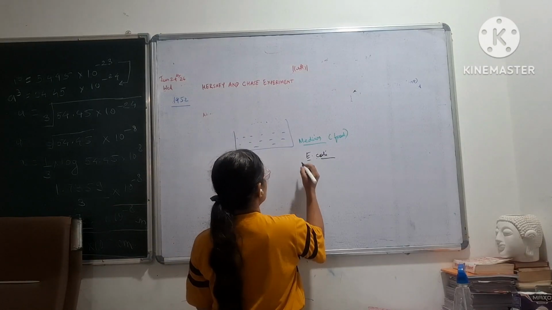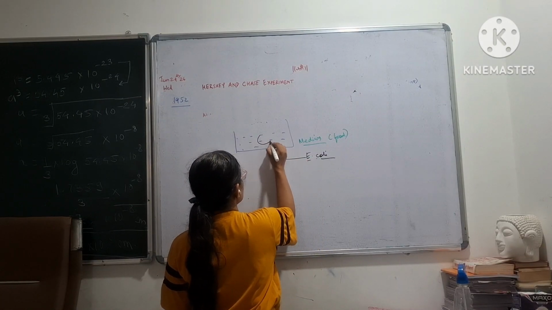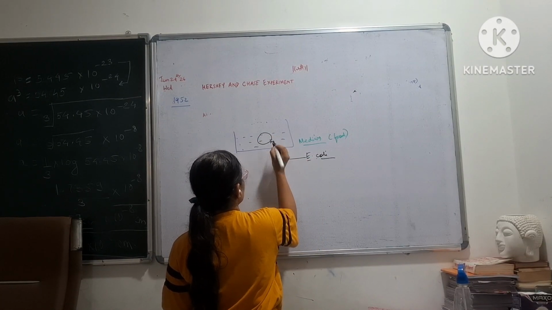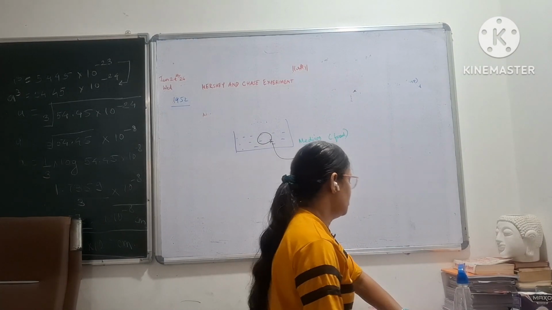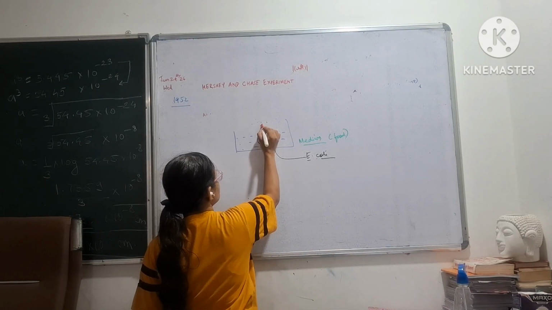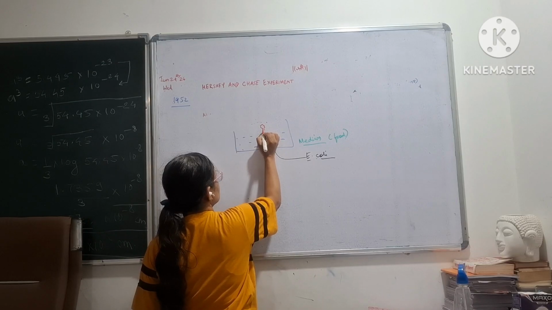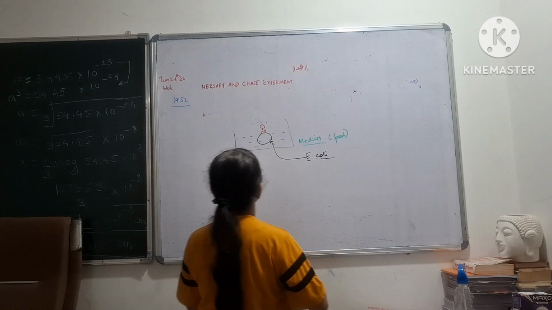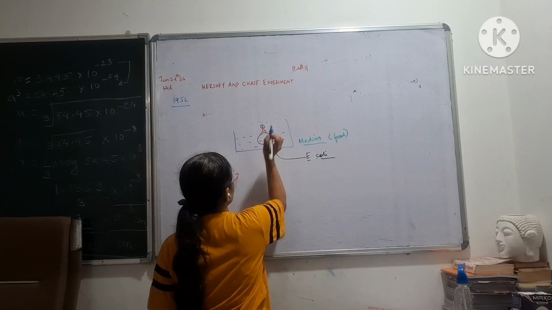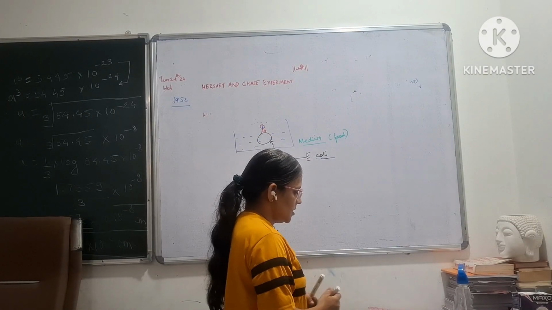So here we are using E. coli. Suppose this is my E. coli cell, and I am infecting this E. coli cell with the virus, and say this is the genetic material inside the virus.